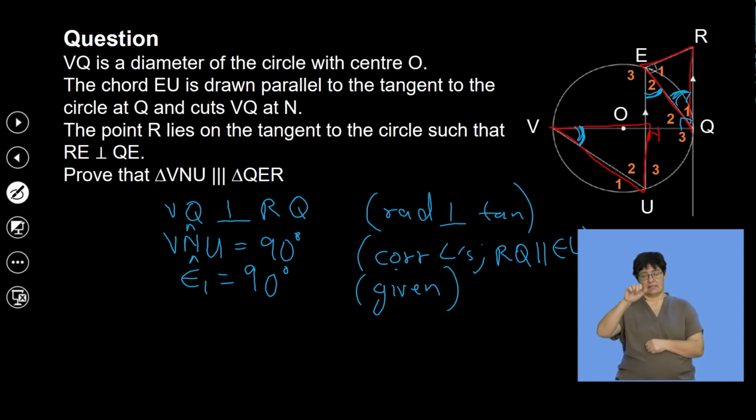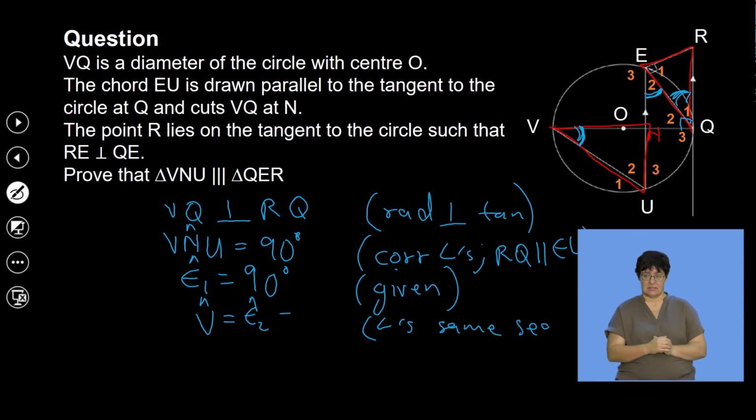So I will say my angle V is equal to angle E2, and my reason for this will be angles in the same segment, same seg. And then because of that, E2 will also be equal to Q1, and this is because of alternate angles.